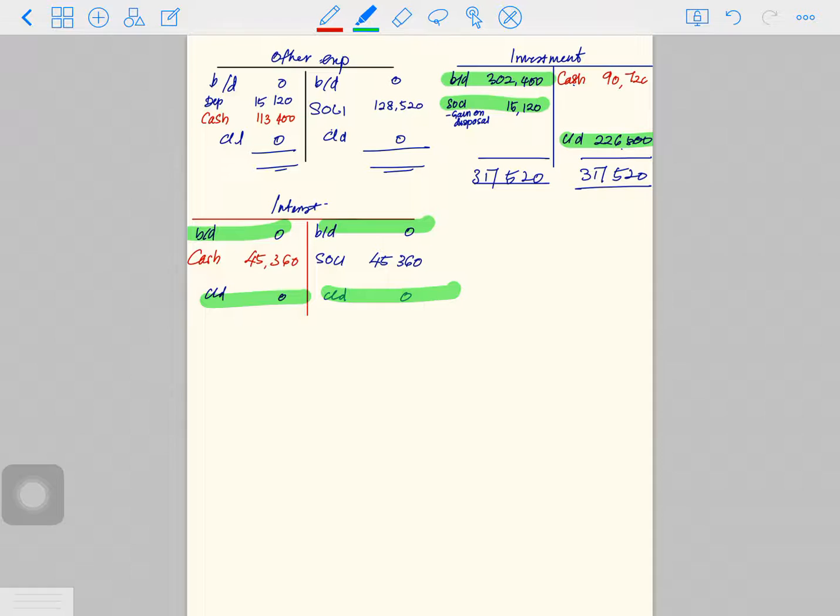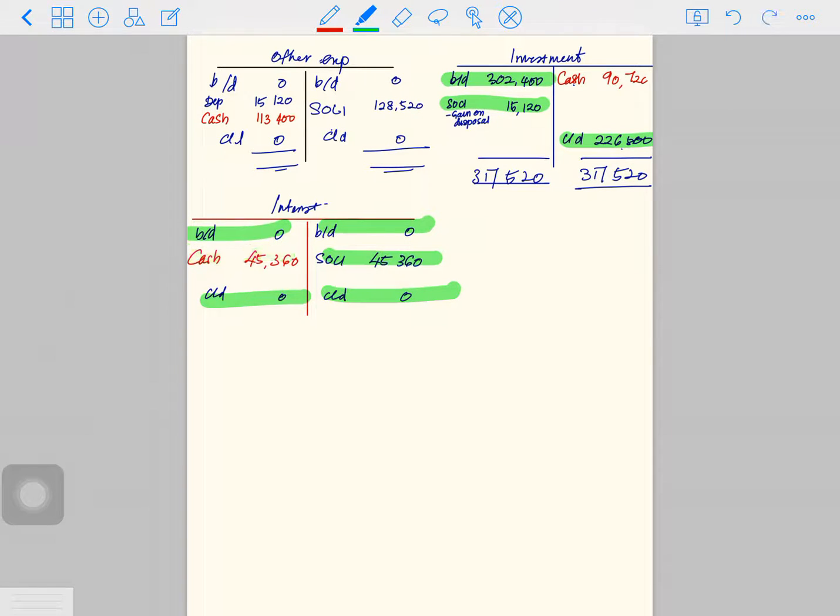Jadi yang di charge ke SOCI, which is 4530, and then there is no other transaction affected the interest. That means the amount charged to SOCI is the amount paid in cash. Sama lah.